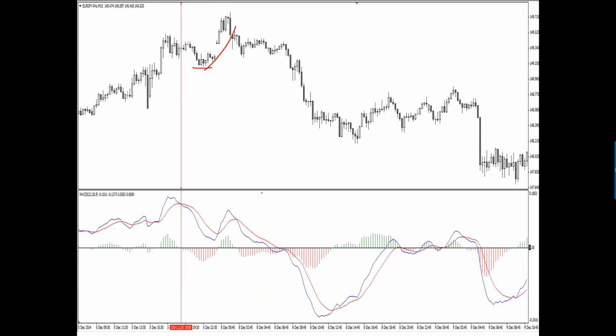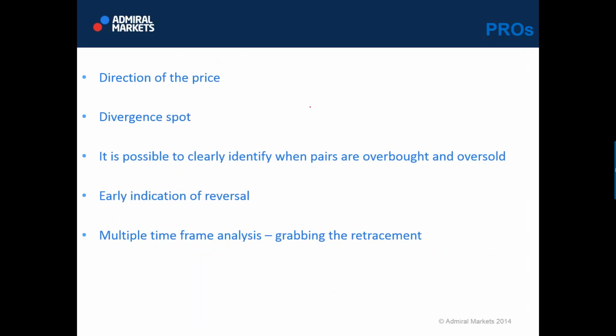This is a general idea from when I was making the Camarilla MACD course, and very frequently we can use MACD to spot momentum when price is getting close to POC, or so-called points of confluence. The pros of using momentum indicators: they will give you direction of the price.